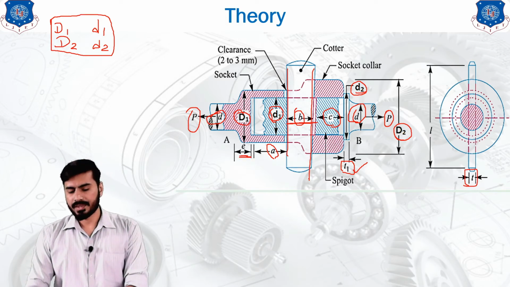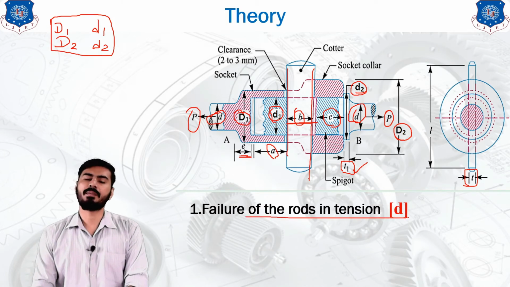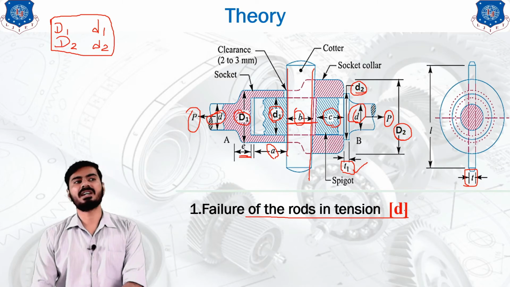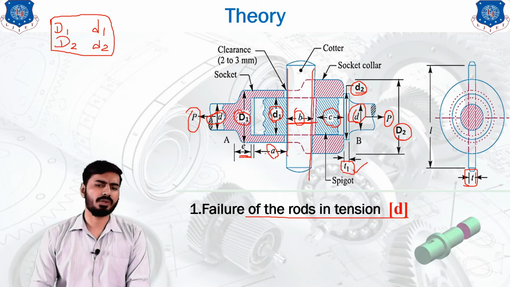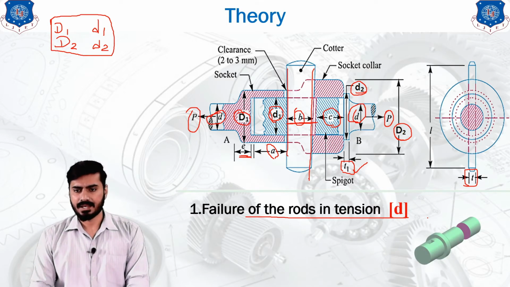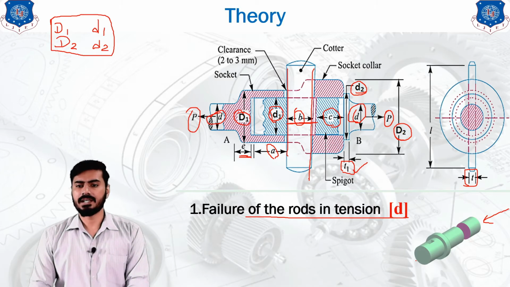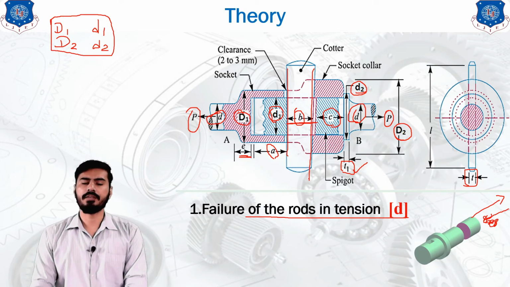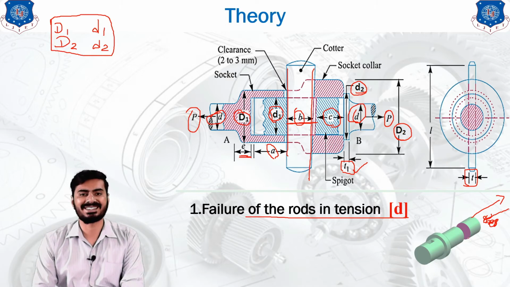Okay, so now we are going to discuss the first step, that is the failure of the rod in tension to determine the diameter d. Diameter d is the diameter of the shaft. Now we will utilize the basic equation of the tensile stress, because we are going to apply the tensile force on this shaft, and we assume that the shaft is going to fail due to the direct application of the tensile force.